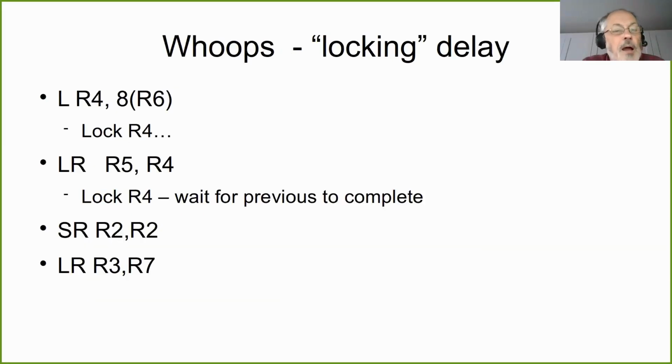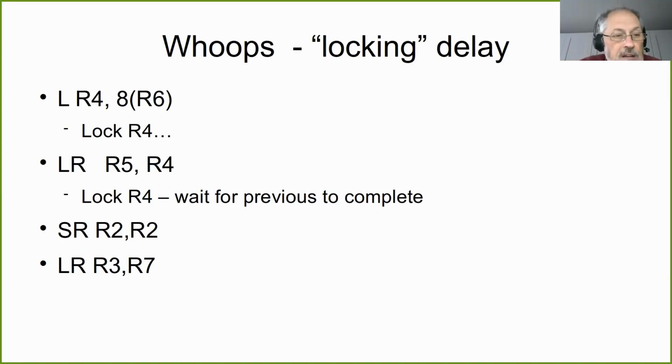So what happens if I now have a real program? For example, I have the same instruction at the top, and having loaded register 4, I copy that into a different register, subtract some registers, and do another load register. When the first load register comes to execute, it says lock register 4. Oh, it's locked. I cannot get the data.